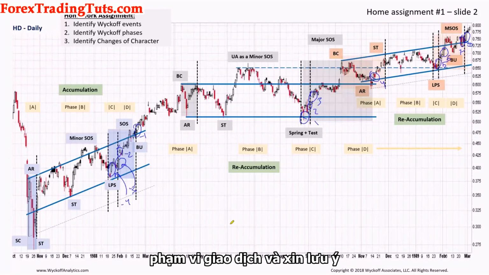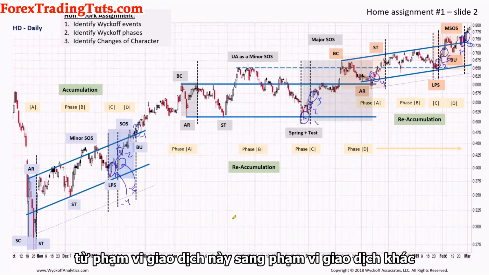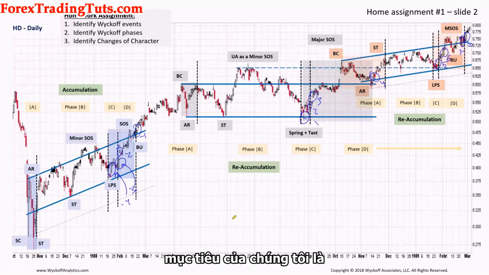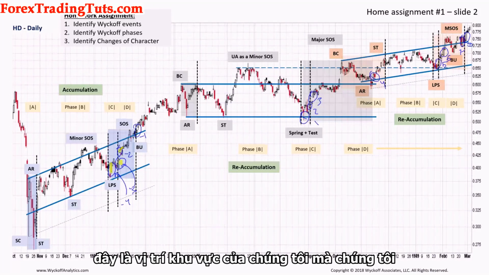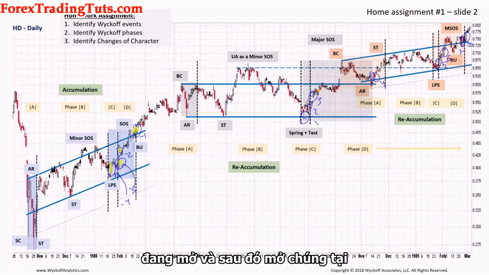And please note, for the long-term investor, we are campaigning from one trading range to another. Our goal is to establish the position at the correct timing with the correct buys. So here are our original positions that we're opening, and then we open them at the higher prices, at the point where phase C is happening, and nothing else.